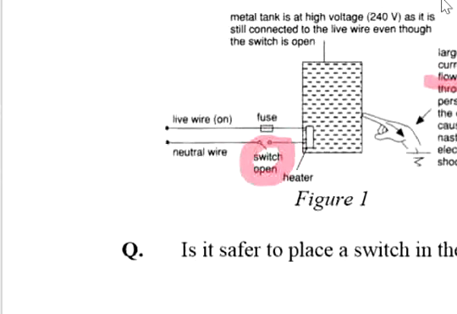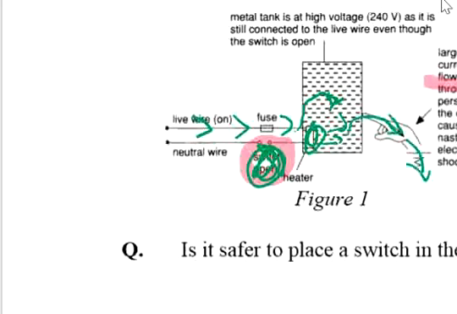Current comes from the live wire, it will flow over here. So even though this one is open, the current can still travel this way. It can still move somewhere here if this thing is faulty. So since this part becomes live, the person holding it will have the current run through and go to the earth. So the person will get an electric shock.